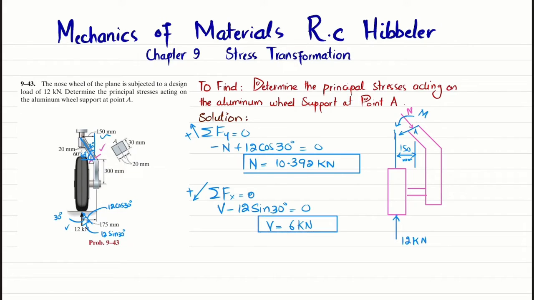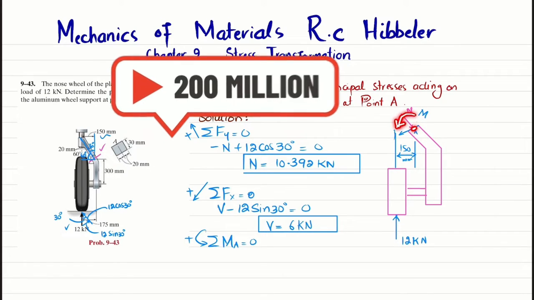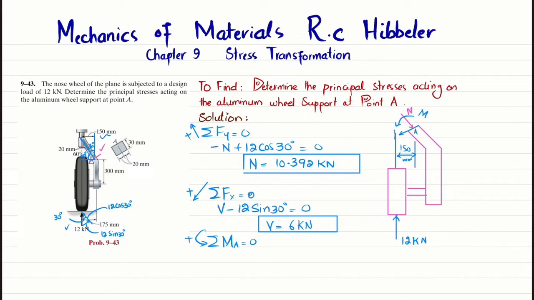Now we will find this moment. We will find this moment by using the equation of equilibrium, that the sum of all moments about point A is equal to 0, taking the counterclockwise moment as positive. So you can see this moment about point A is counterclockwise, so it will be positive, and the other moment about this point A has a perpendicular distance of 150 millimeter, and this is the force, and this is producing clockwise moment.